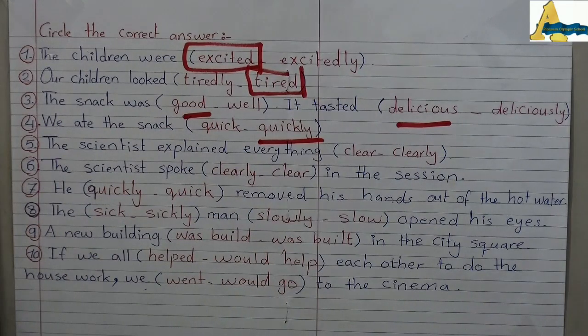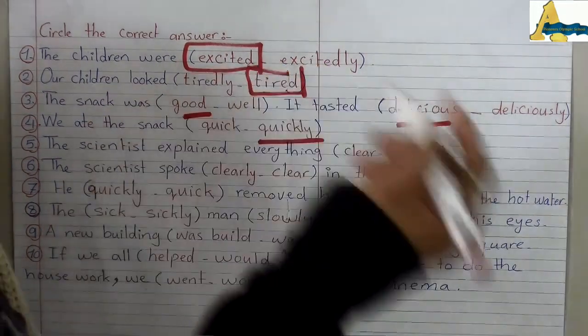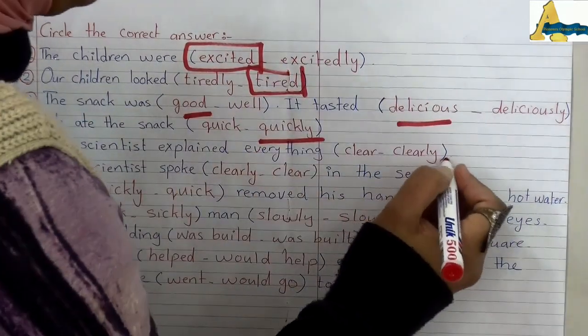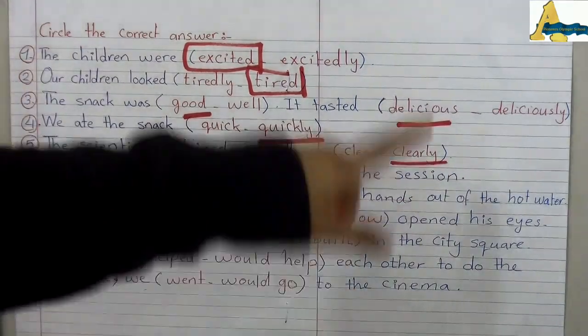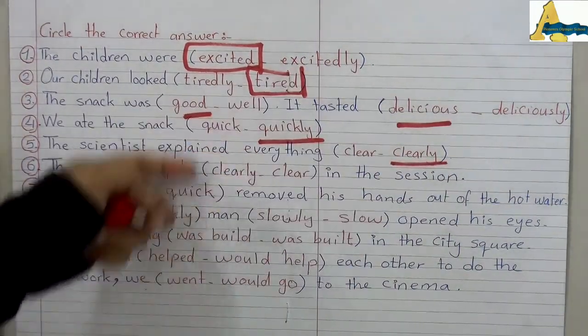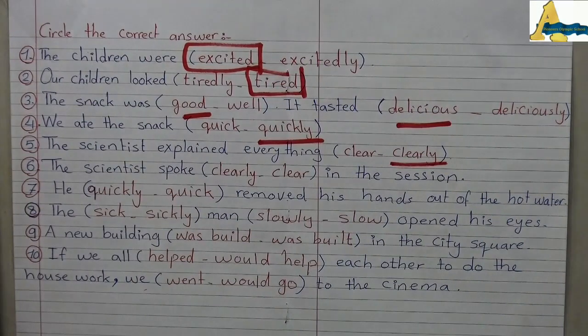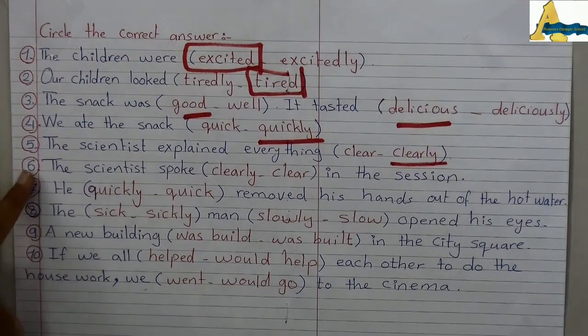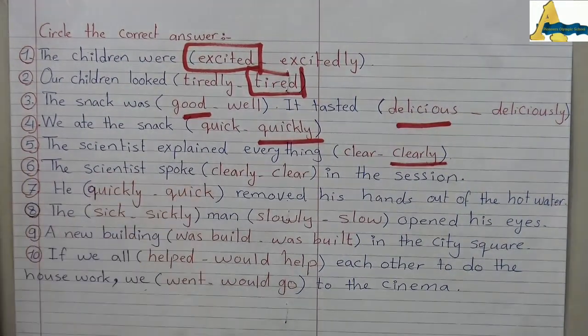Number 5, the scientist explained everything. How did he explain? He explained everything clearly. So here we are describing the action or the verb of explaining. Number 6, the scientist spoke.